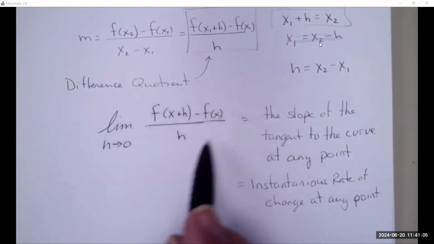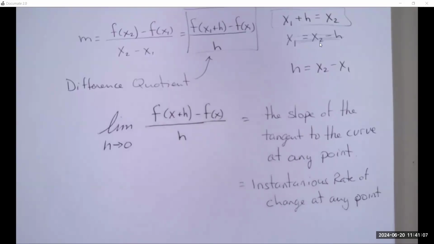So this limit function, the rate of change, is the slope of the tangent line at any given point.